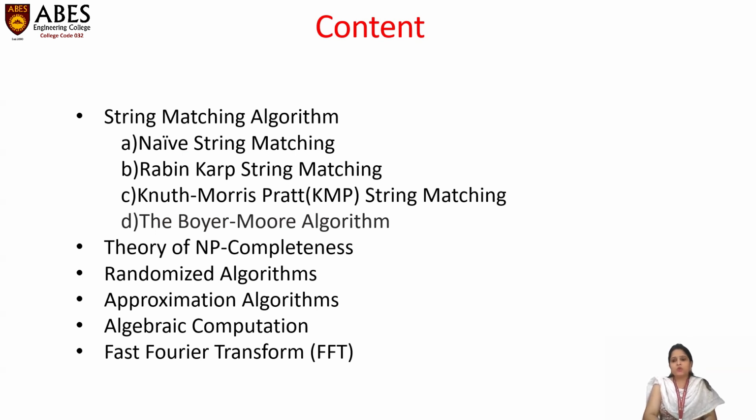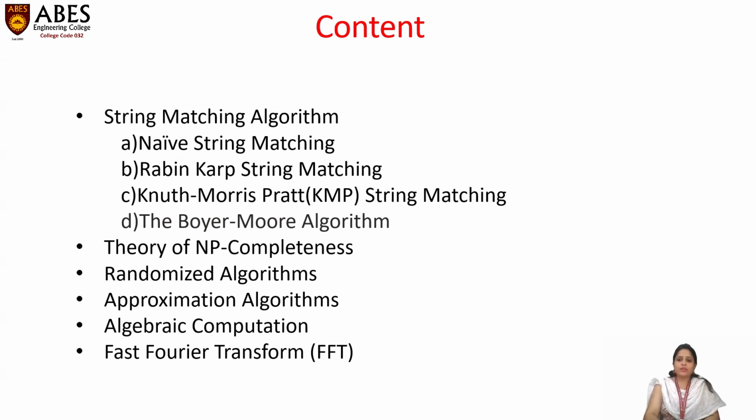Our last topic in this lecture series is the fast Fourier transform. First of all, what is the Fourier transform? The Fourier transform is a technique used to transform given data from the time domain to the frequency domain.